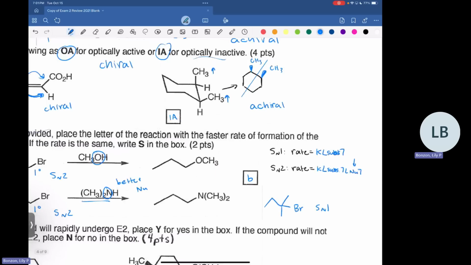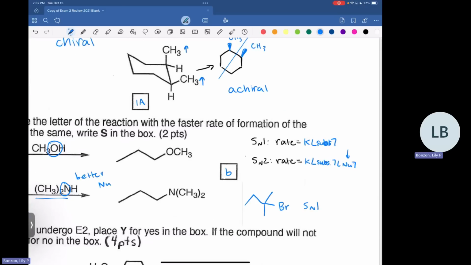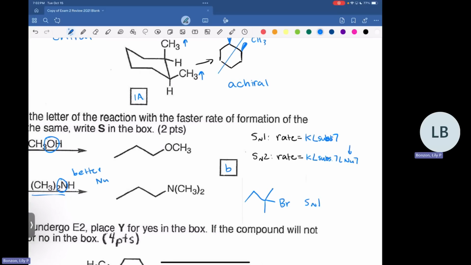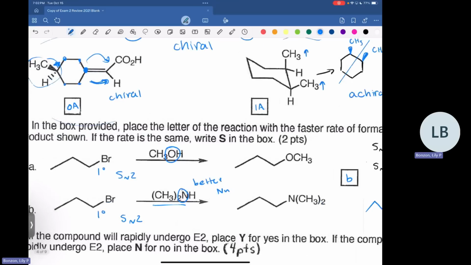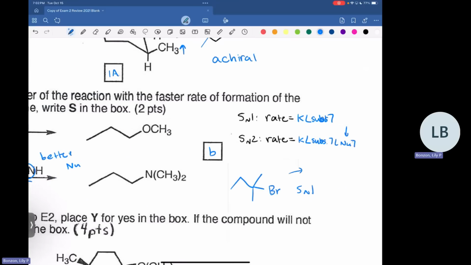So if you're given a question asking about SN1, the difference in nucleophile is not going to make a difference. If we were given this with either CH3OH or CH3NH2, the rate would not be different between the two based on nucleophile alone.